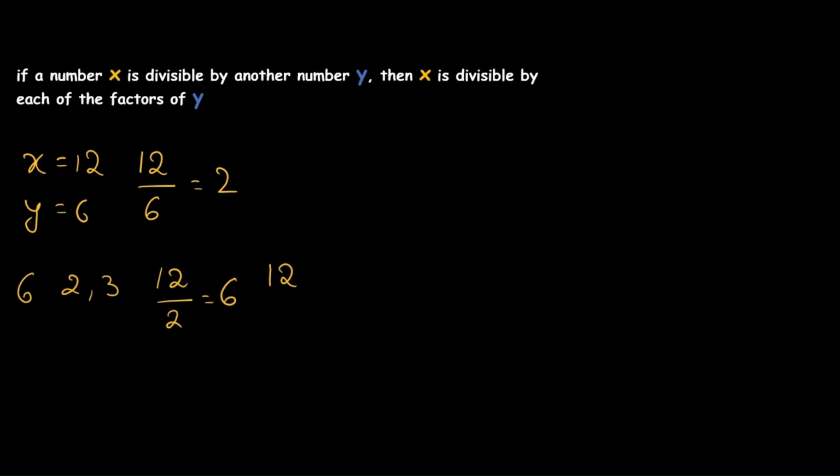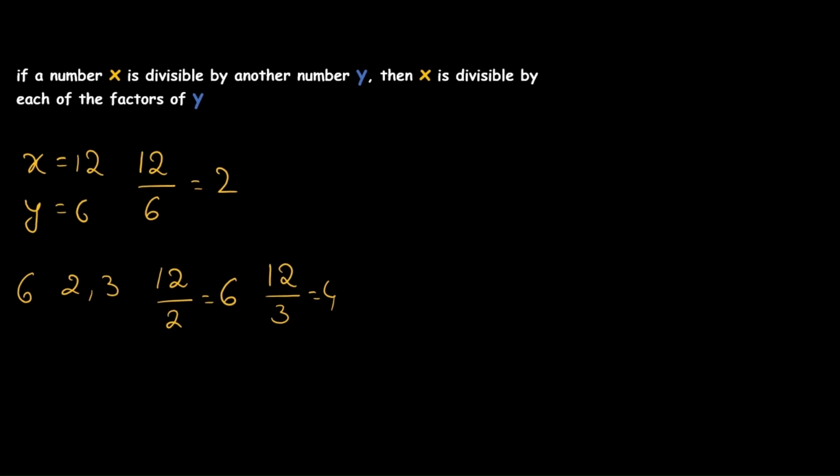And 12 divided by 3 gives 4 as the quotient and 0 as the remainder. So both 2 and 3, the factors of 6, are also able to divide the same number 12 completely, leaving 0 as the remainder.